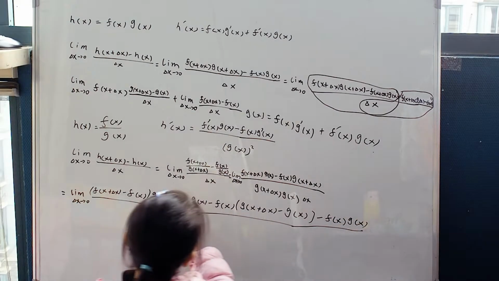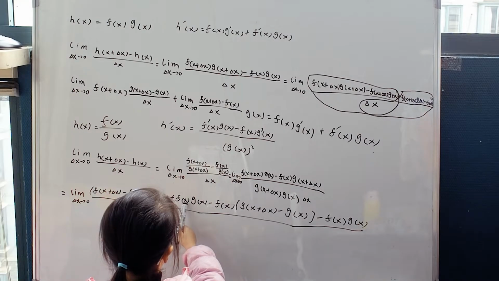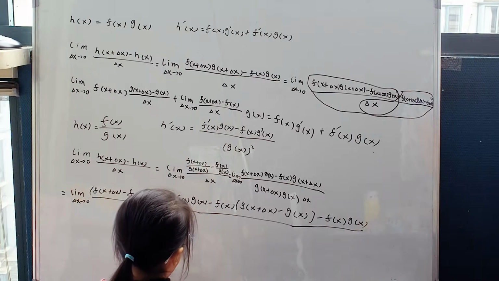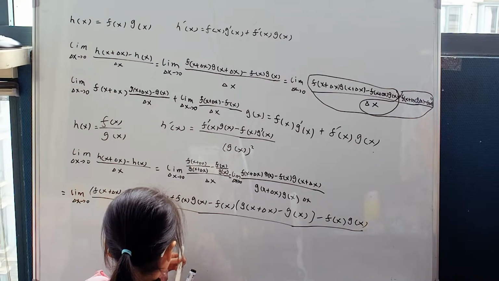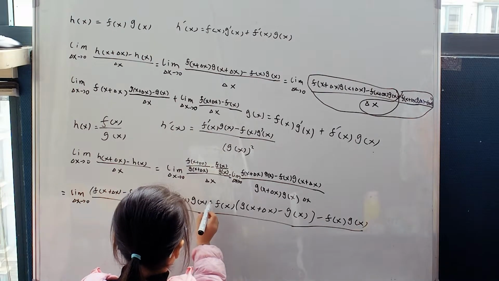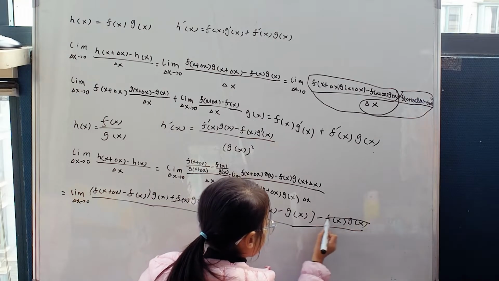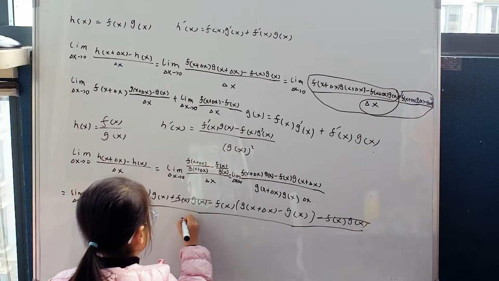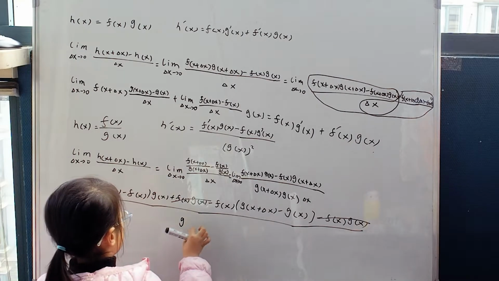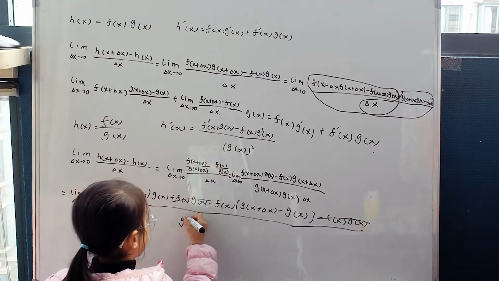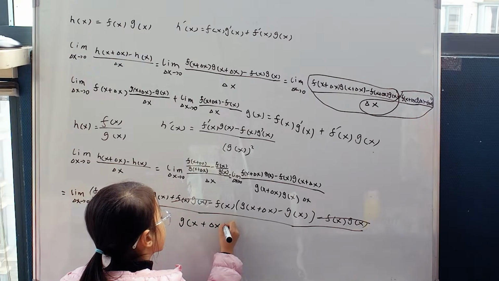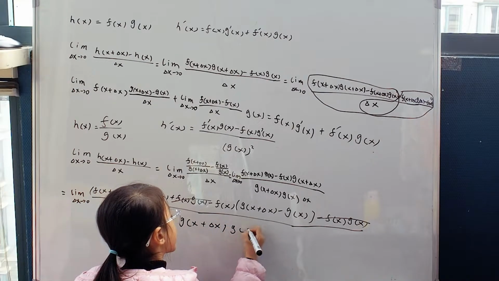So you see, here I have a positive f of x times g of x, and then I have a negative f of x times g of x. So let's cancel it out. Sorry, I forgot to write the denominator. It should be delta x.